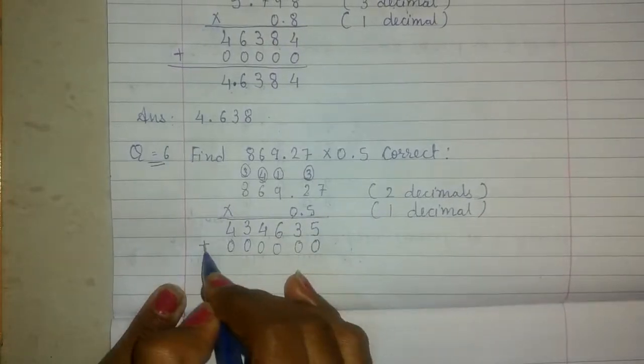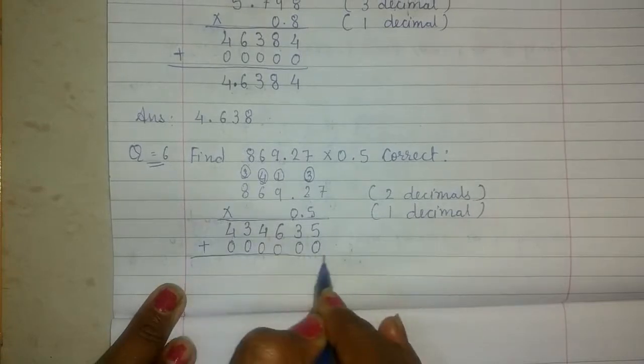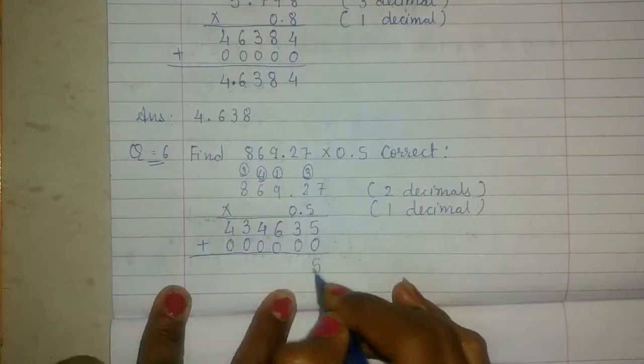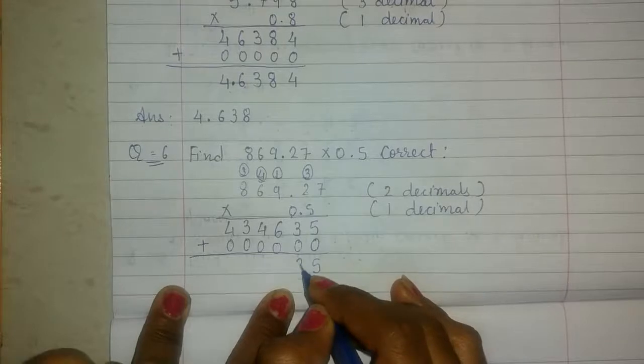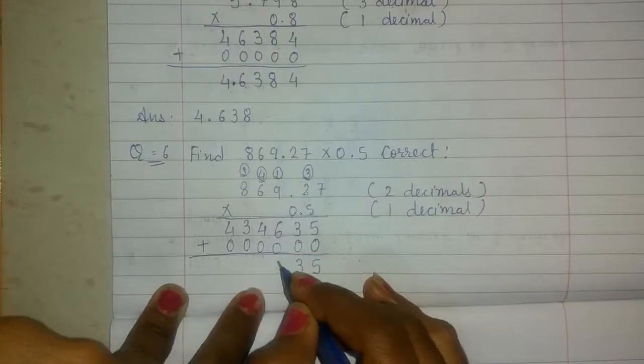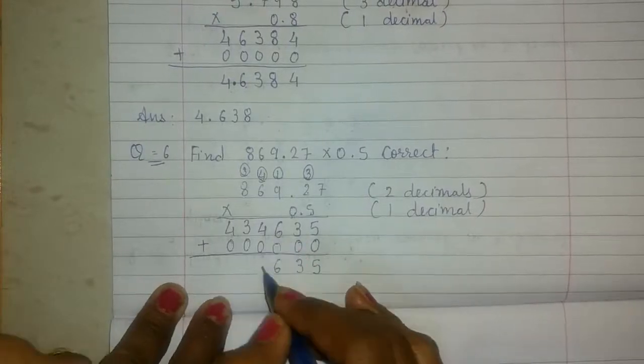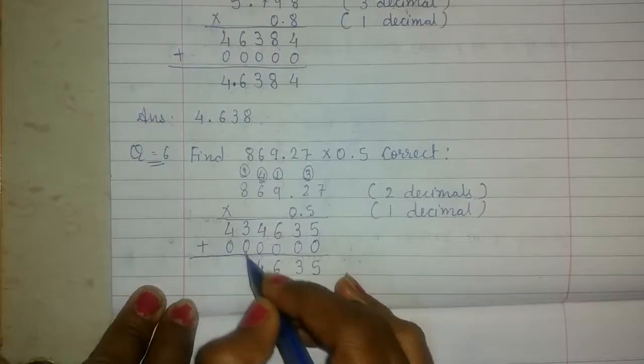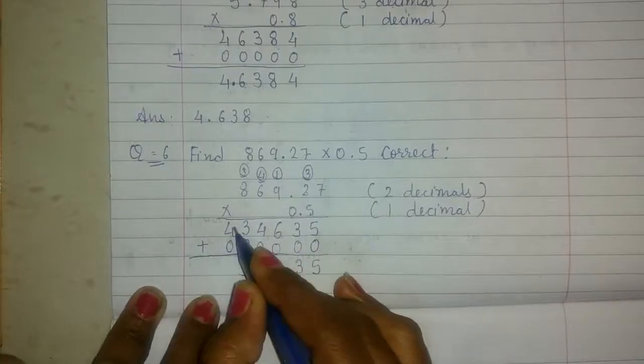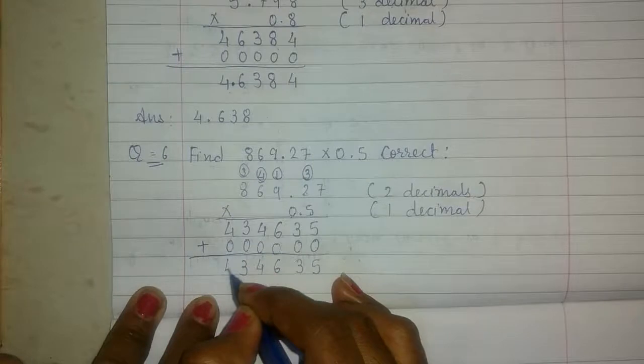Now students, let's add these numbers. 5 plus 0, 5, 3 plus 0, 3, 6 plus 0, 6, 4 plus 0, 4, 3 plus 0, 3 and 4 plus 0, 4.